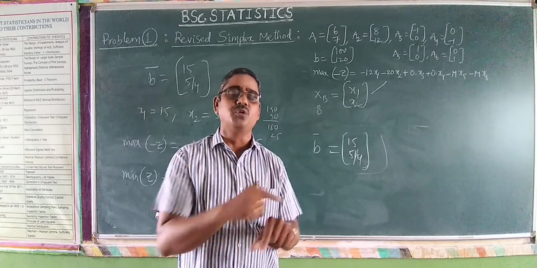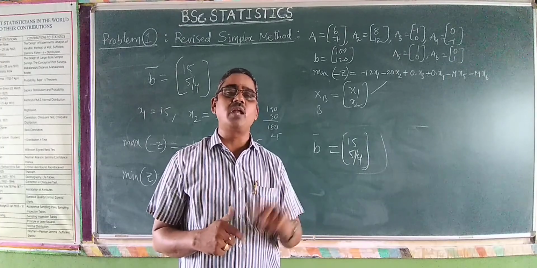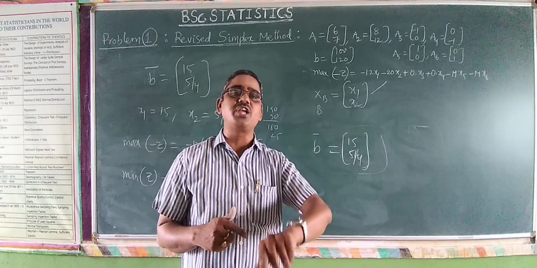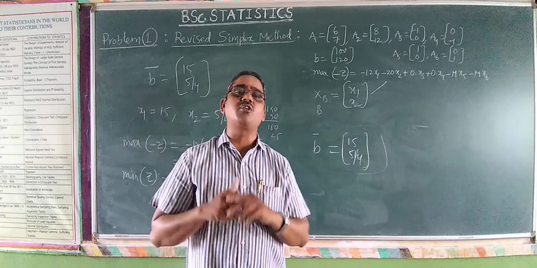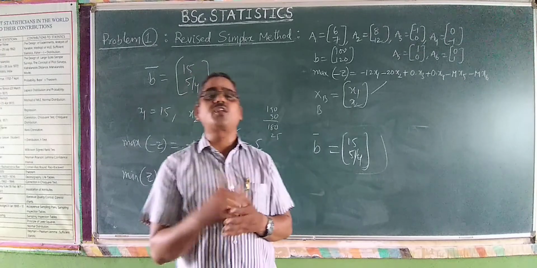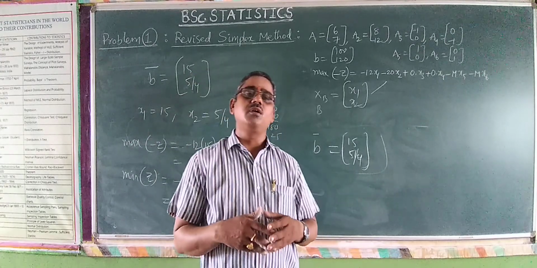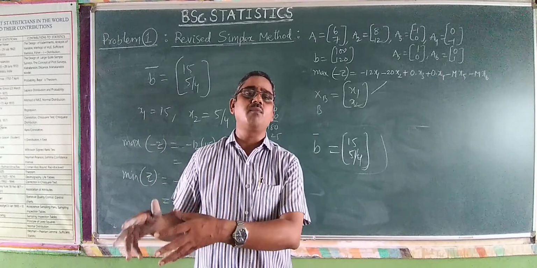For example, x2, then k is equal to 2, so you have to calculate B inverse A2. Similarly, for x1, you calculate B inverse A1. After that you prepare a table: XB, B inverse, b bar, entering variable, key column.